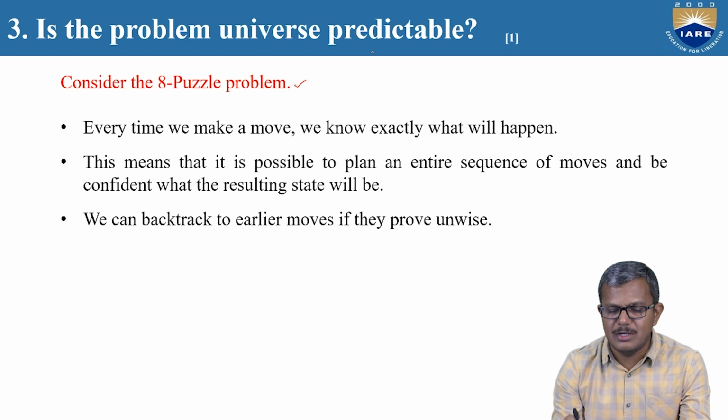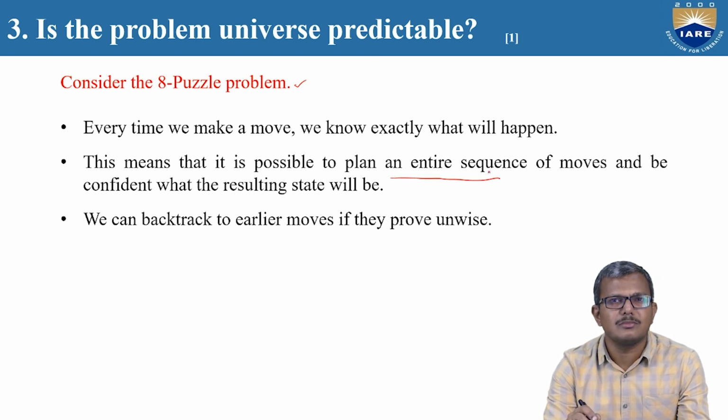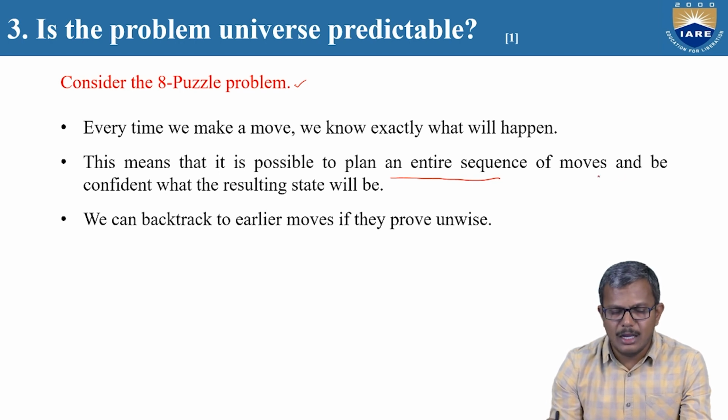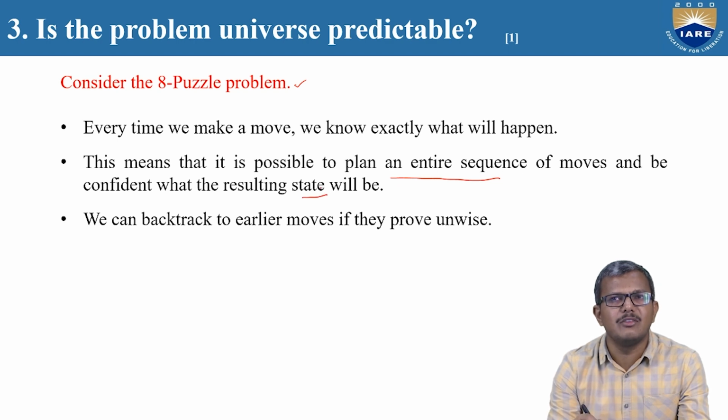So in this case, you can plan the entire sequence of moves and be confident what the resulting state will be. As you are planning the entire sequence of moves, you can say which moves will take us from the given state to the desired state.